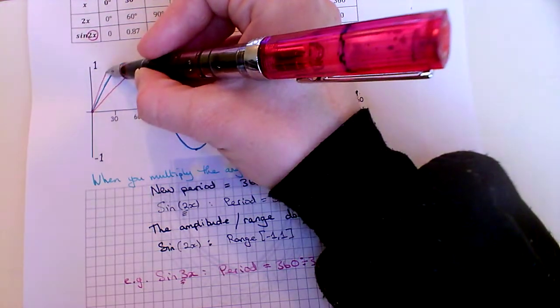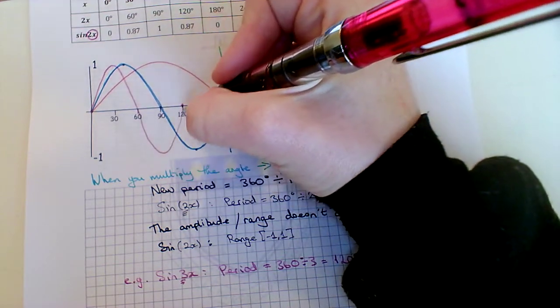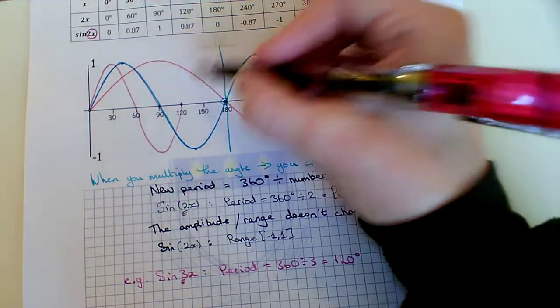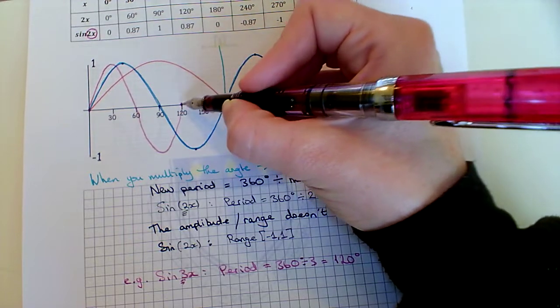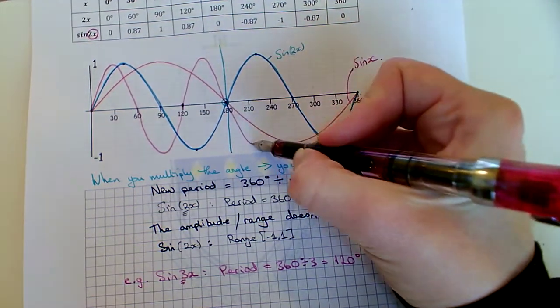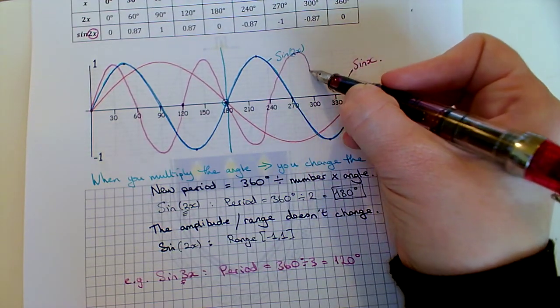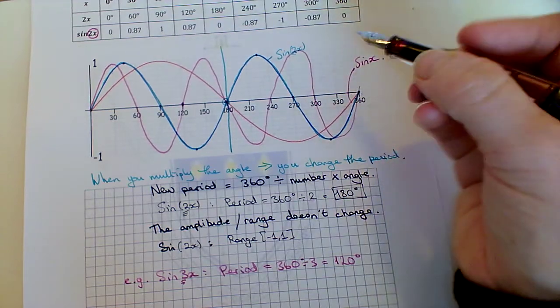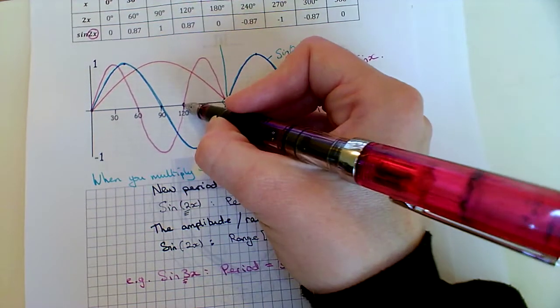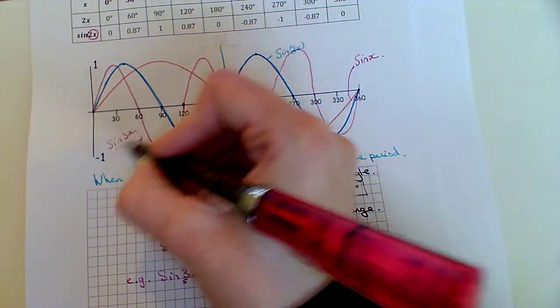So it'll go like this. That's what we'll get, and it'll keep repeating like that. So we'll go up here as well. And what you'll find is where you usually would have had 2, you now have 3. So this would be sine of 3x.